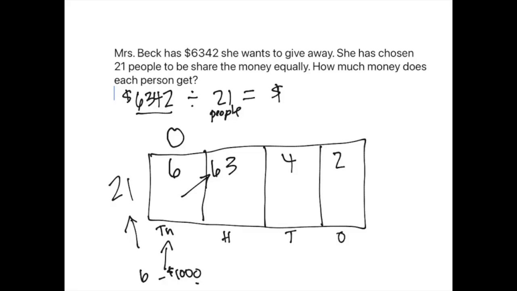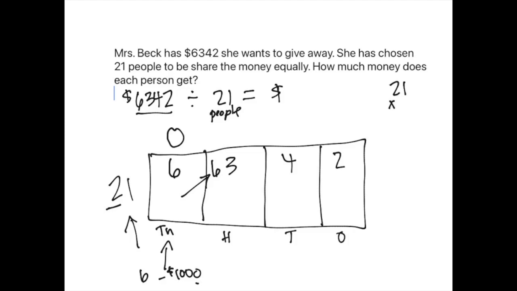And we have to ask ourselves, how many times can she divvy that up? So if she was to split this up, how many times can she divvy it up? Well, let's look. So 21, if I was to estimate, 20 times 3, I know, is 60. So that gets me super close, I know.